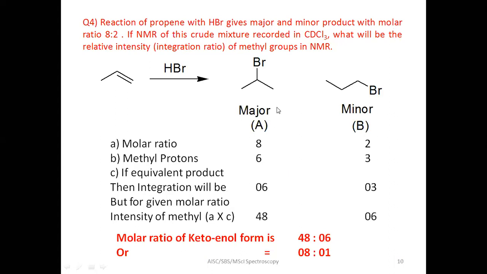The number of methyl protons is 6 in this and 3 in this. For intensity, multiply the number of protons by the molar ratio. So 8 times 6 becomes 48, and 2 times 3 is 6. So the intensity will be 48 to 6. Are you getting this?